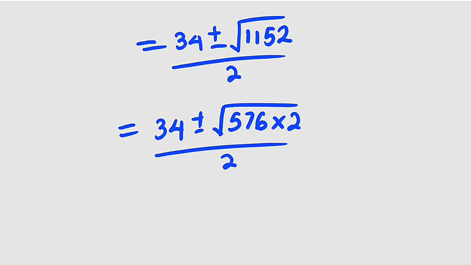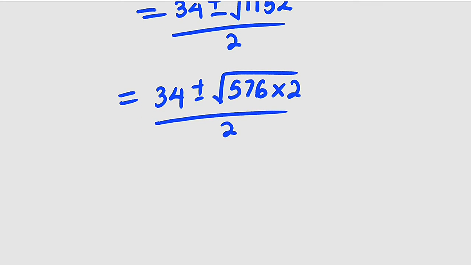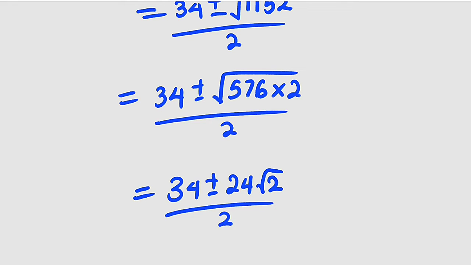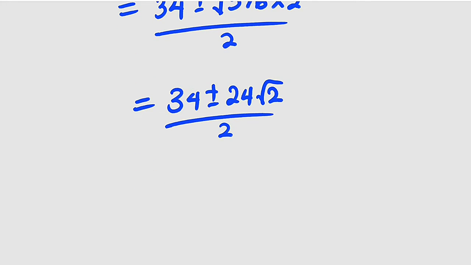And the square root of 576 is 24. So this is equal to 34 plus or minus 24 root 2, divided by 2. And 2 can divide both 34 and 24, giving 17 and 12 respectively. So this is 17 plus or minus 12 root 2.